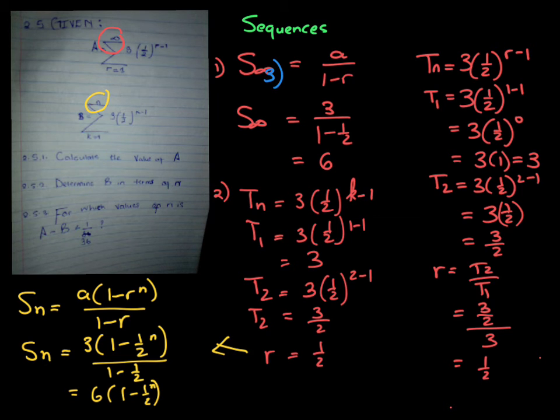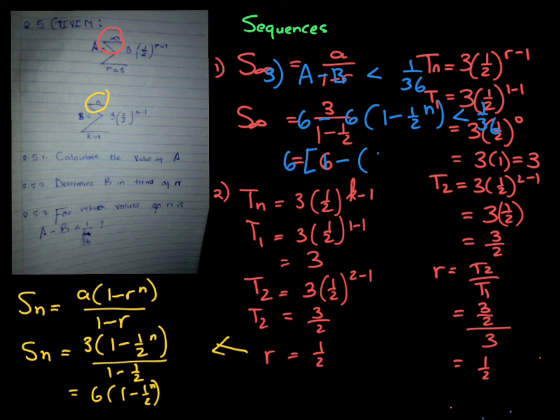And then we have the final question, which says, for which values of n is a minus b less than 1 over 36? So we've got a, which was 6, minus b, which is 6 times 1 minus half to the power n.